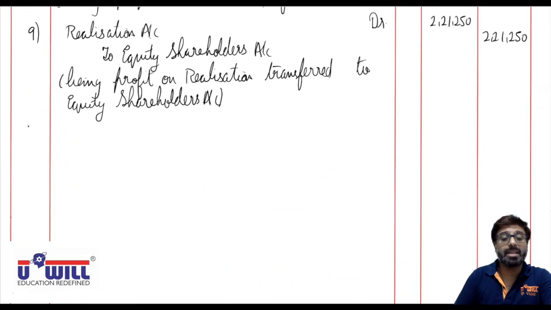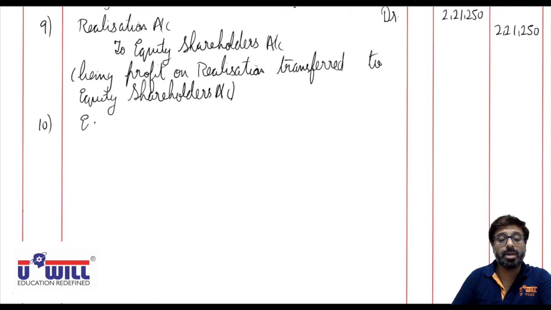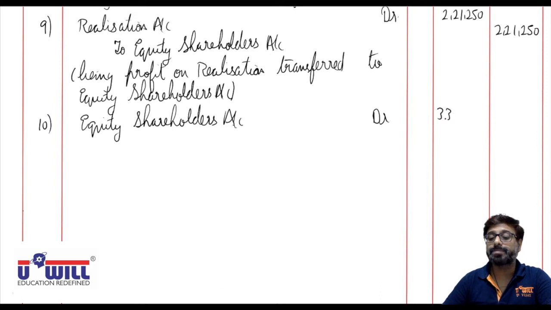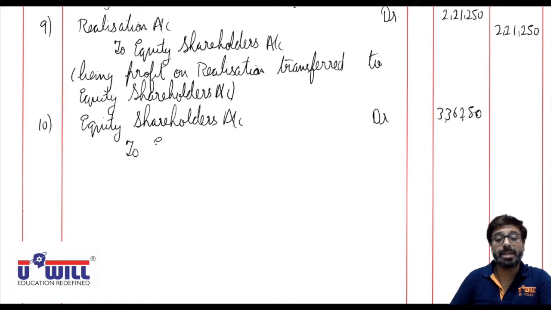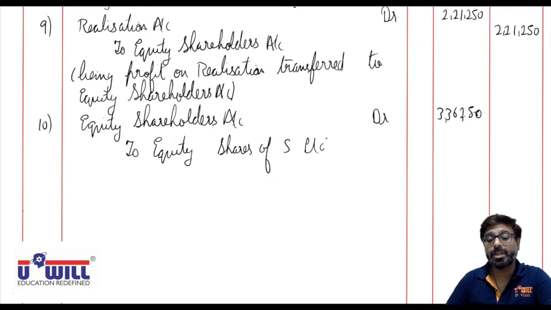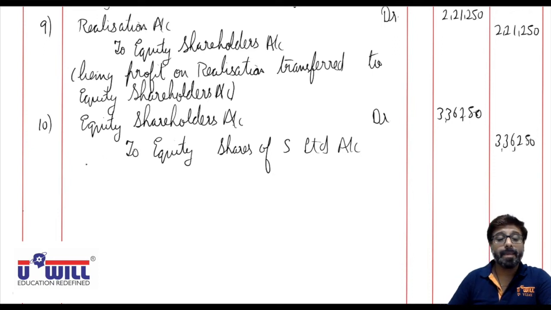Okay, 10th entry, equity shareholders account debit 336,250 to equity shares of S Limited account 336,250, being payment made to equity shareholders.